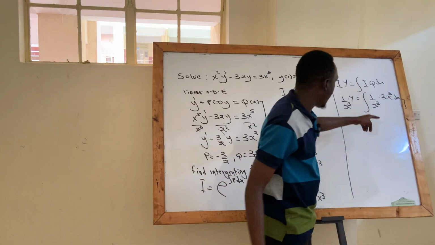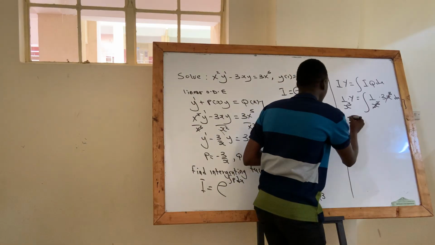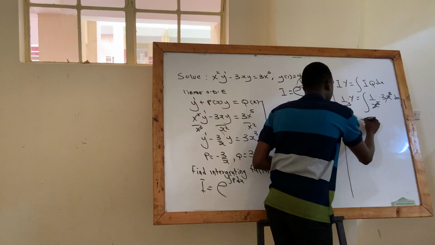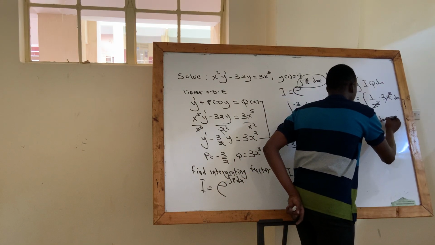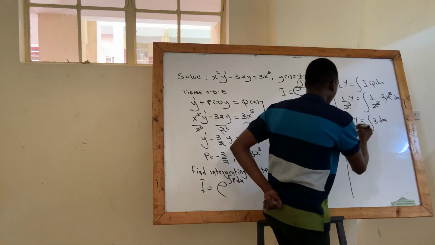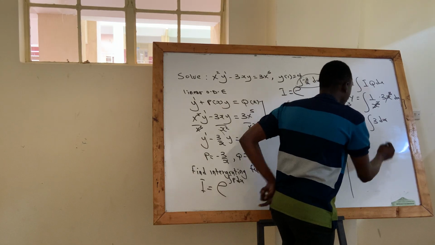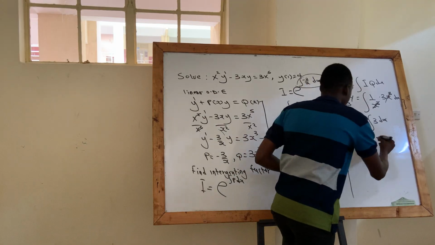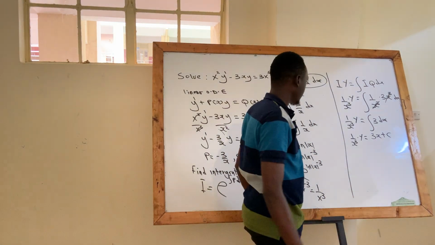You realize x power 3 simplifies with the x power 3. Therefore, remaining is 1 over x power 3 y is simply equal to the integral of 3 dx. The integral of 3 with respect to x is simply 3x, and we add a constant, plus c.